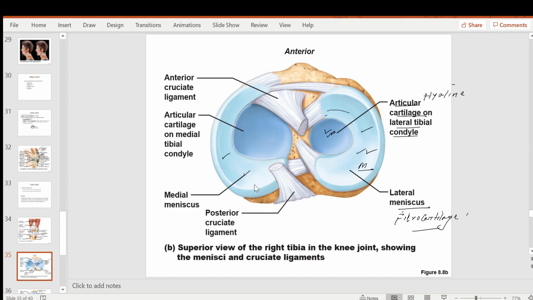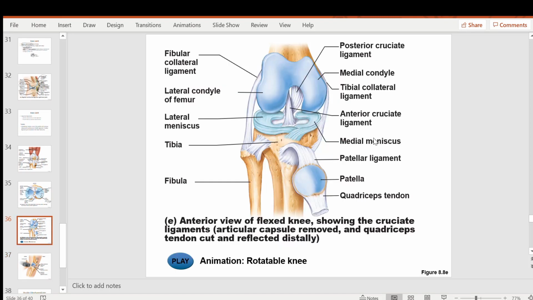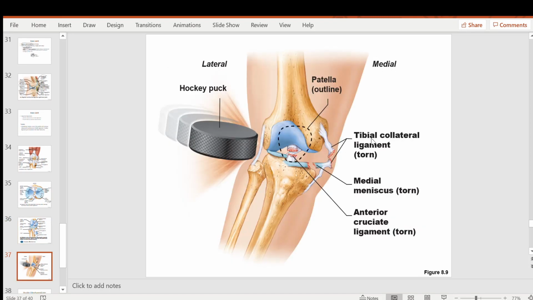Tearing of the meniscus is heard very commonly. We hear the term tearing of the meniscus in sports. Although this structure is fibrocartilaginous and very tough, due to excessive pressure it can get torn, and that is tearing of the meniscus. So here you see the tearing of the meniscus.